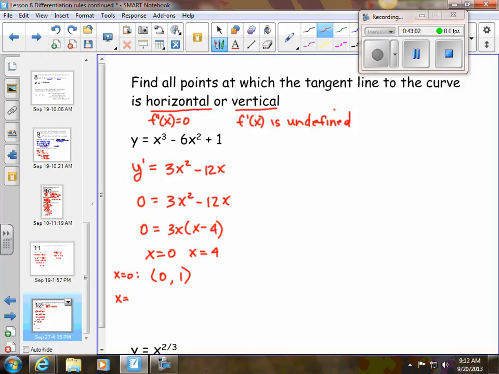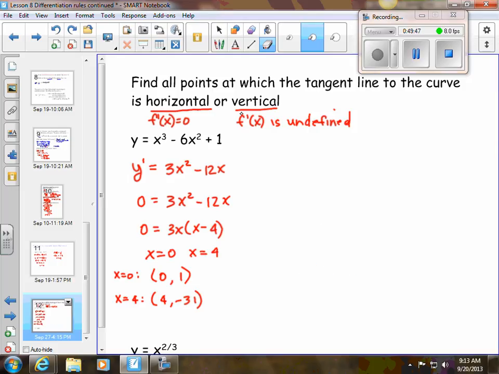And when x is 4, 64 minus 96 plus 1. So negative 31. Okay.